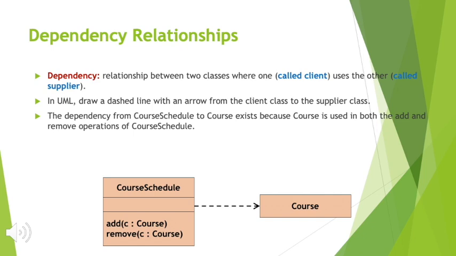As the example here, it shows the dependency from the course schedule to the course. That means the course exists because course is used in both add and remove operations in the course schedule. So that is how you show the dependency.